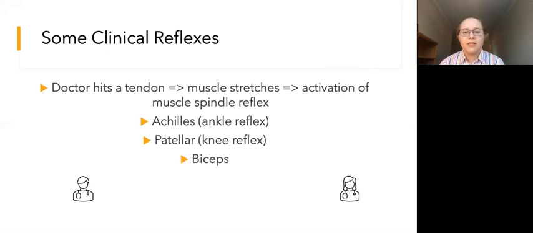This activates the muscle spindle reflex, resulting in quadriceps muscle contraction and your leg jerks outward. Similar reflexes are tested on your biceps and ankle. The ankle reflex is called the Achilles reflex.